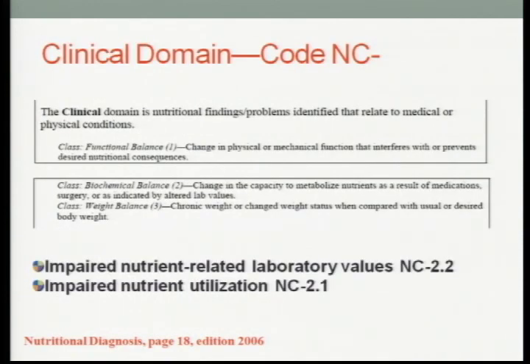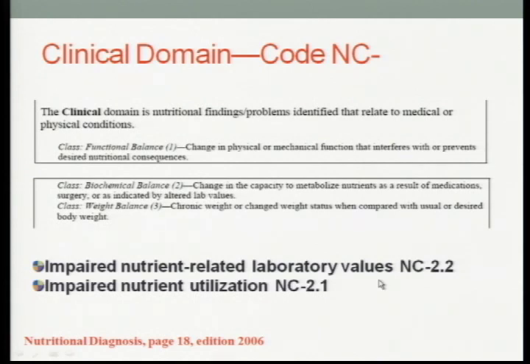This is the clinical domain. The clinical domain is nutrition findings or problems identified that relate to medical or physical conditions. So functional balance, biochemical balance, weight balance. All these go in the clinical domain. Some potential nutrition-related problems or diagnoses you might use are impaired nutrient-related lab value. We see that a lot.